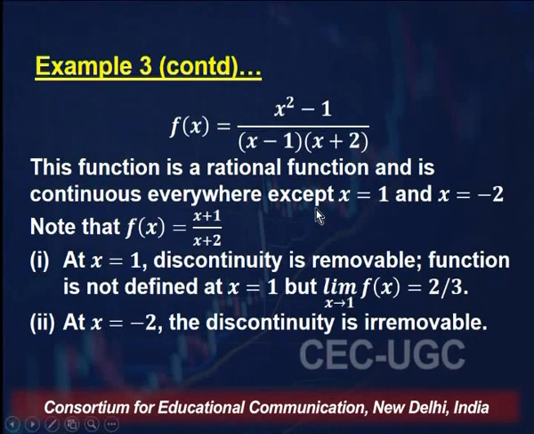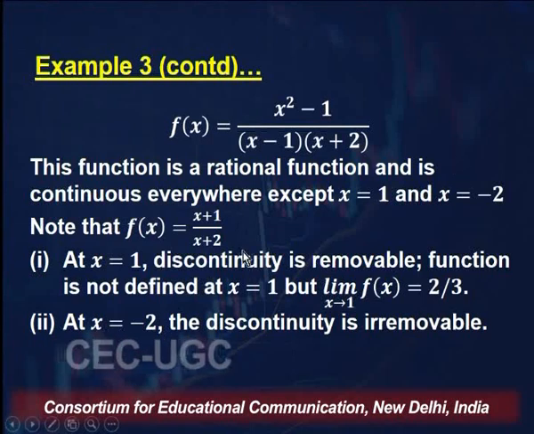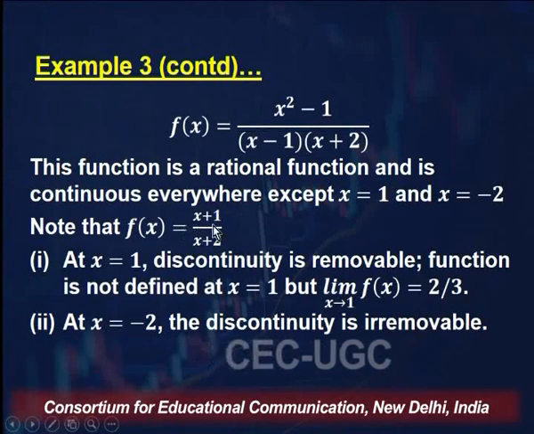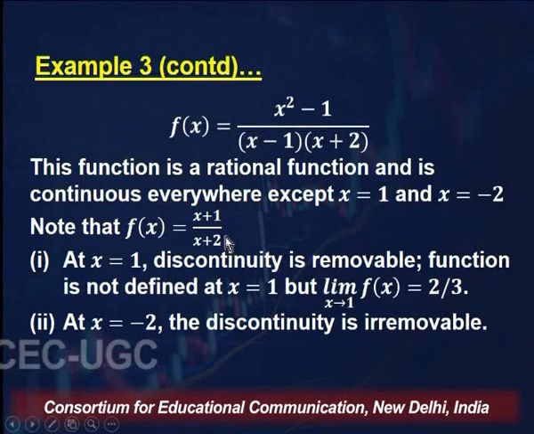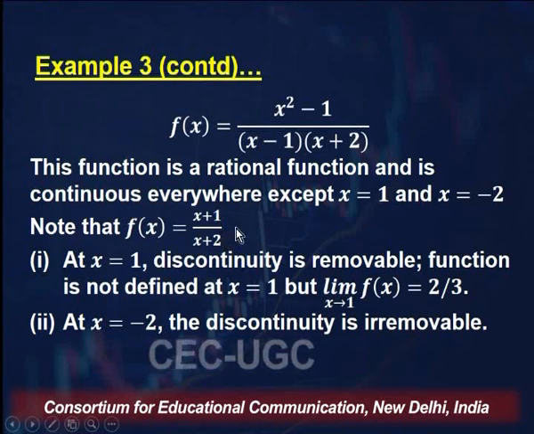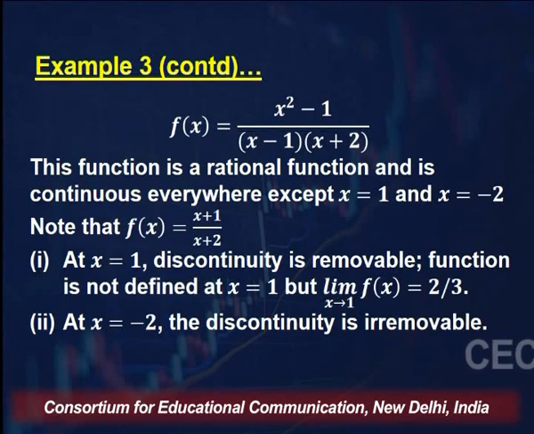So if you notice here, I can still calculate the limit of the function as x approaches 1, because after removing the common factor, the function can be written as x plus 1 divided by x plus 2. So if I take the limit of this function as x tends to 1, I'm going to get 2 by 3. Right?